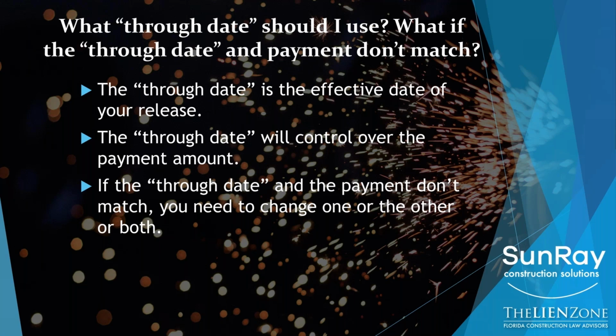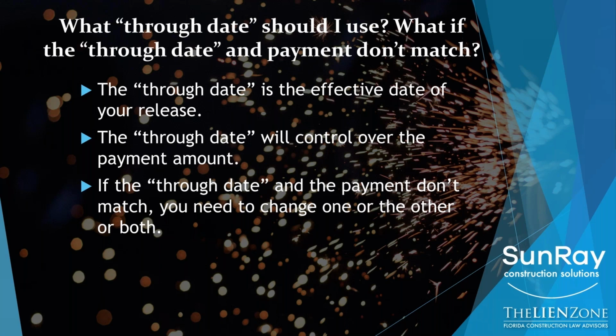Sometimes we have clients that say to us, well, I submitted a pay app for $100,000. They gave me $75,000 of it, so therefore I'm entitled to the other 25, because I submitted a pay app that said 100, right? And the answer is, if you've signed a release in exchange for that 75 and the through date is the end of the month when you were expecting 100 but only got 75, well, guess what?